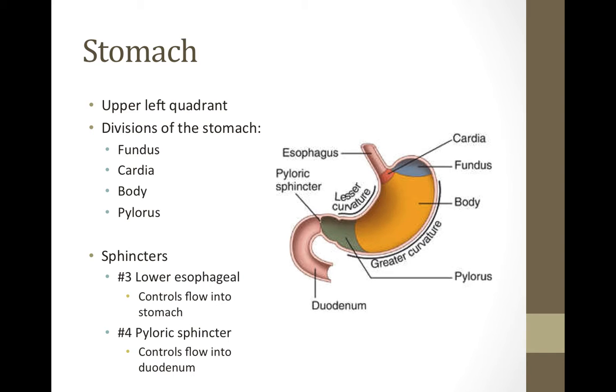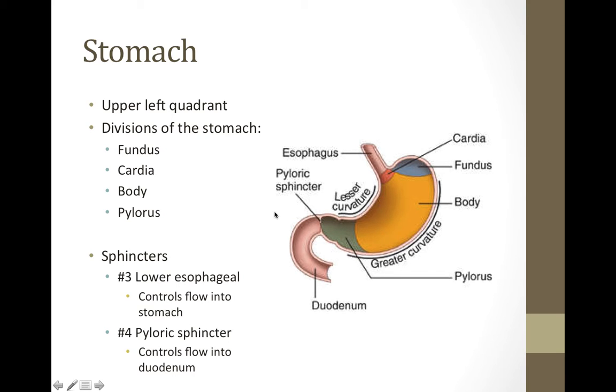You have two sphincters associated with the stomach. The first we've already discussed, the lower esophageal sphincter, which controls flow into the stomach and prevents flow back into the esophagus. And the second one is the pyloric sphincter.